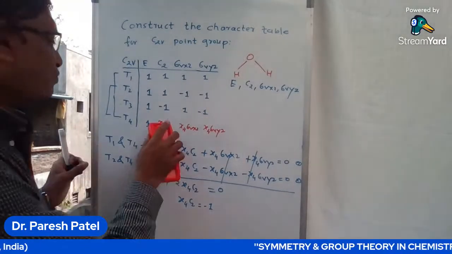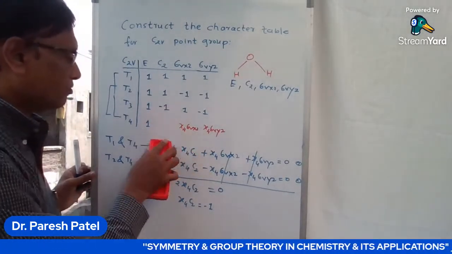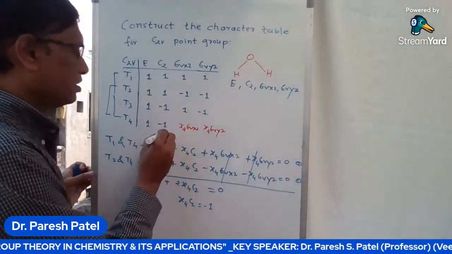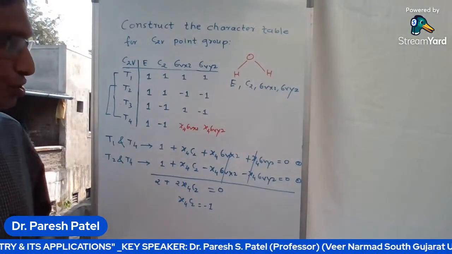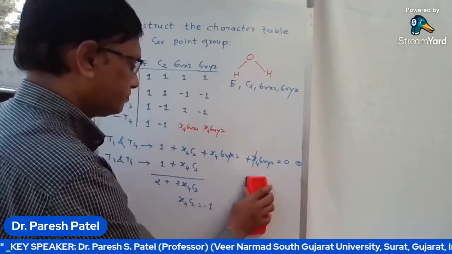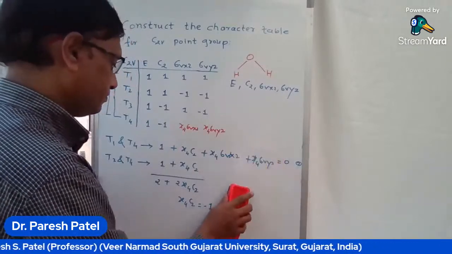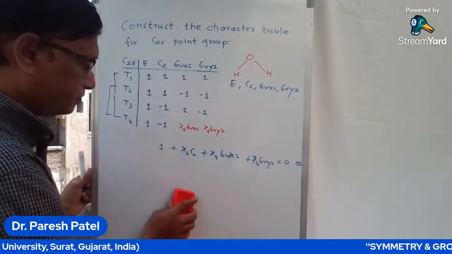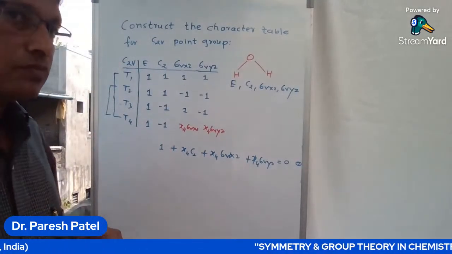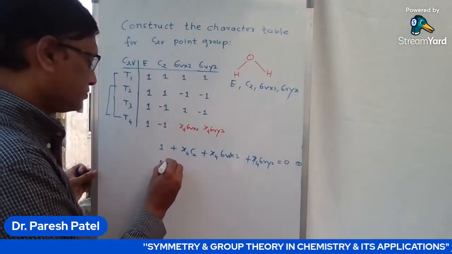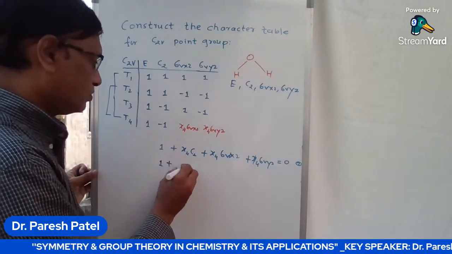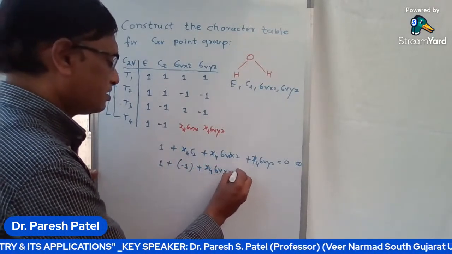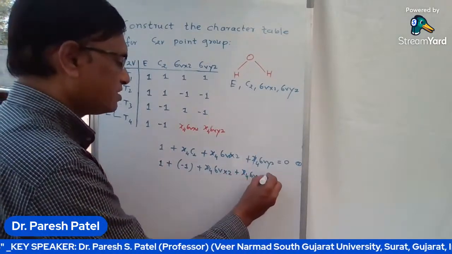Again, the value for character 4 C2 is minus 1. Now substitute this value in the above equation. So 1 plus minus 1 plus character 4 sigma Vxz plus character 4 sigma Vyz is equal to 0.